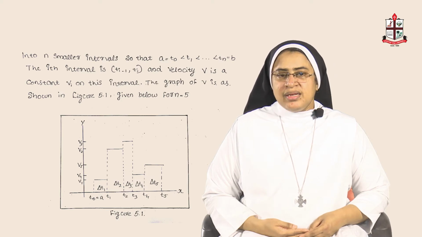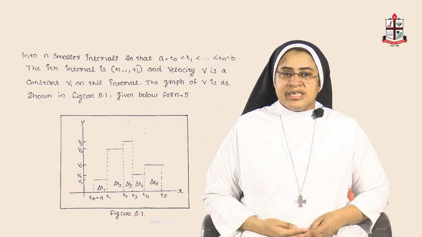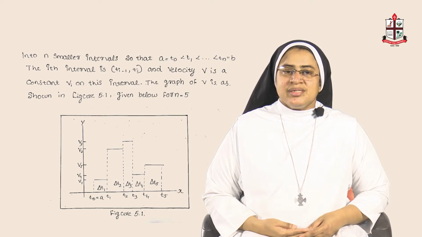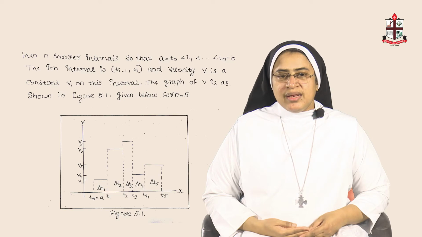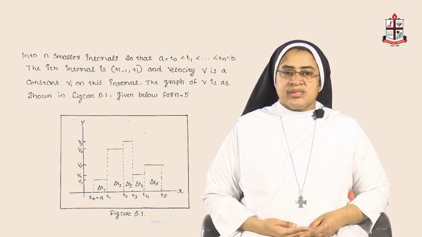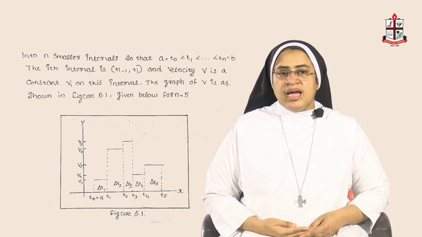In the second interval T1, T2, delta T2 will become T2 minus T1 and the velocity is V2. Then in the third interval T2 to T3 you will get delta T3, equal to T3 minus T2, and the velocity is V3. Next the velocity is decreasing, it is becoming V4 in the time interval delta T4, that is T4 minus T3. In the next time interval T4, T5, delta T5 is equal to T5 minus T4 and the velocity is becoming V5.